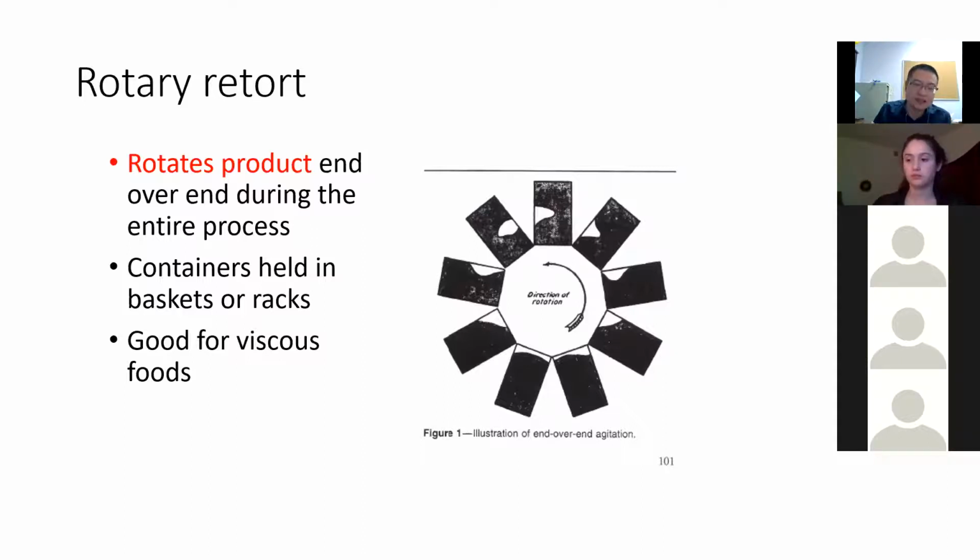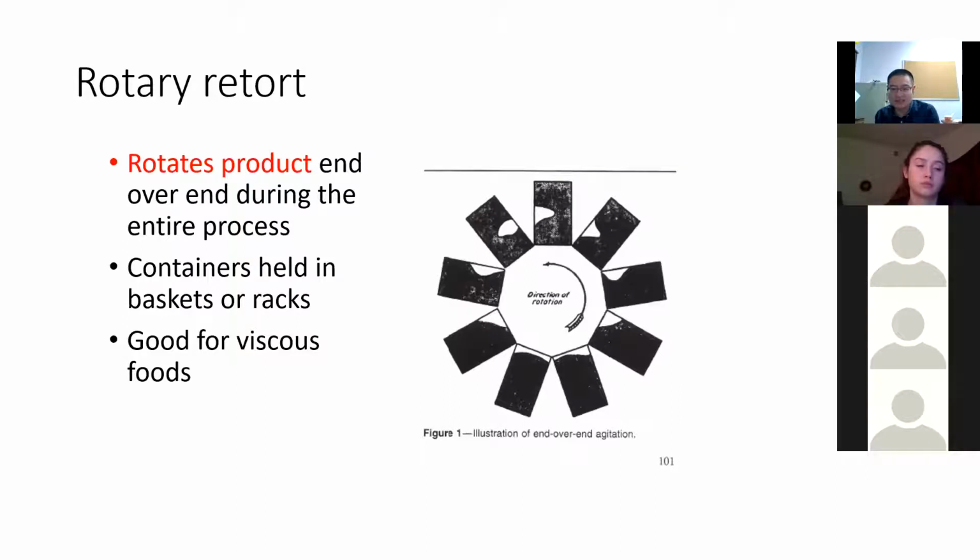If we have a non-viscous liquid, the convection will be driven by the density difference, right? But when we have a very viscous food, there's not much convection. Imagine you have a tomato paste, and when you heat that up, there's not much moving of the liquid, right? But if you have water, then the water can freely move.